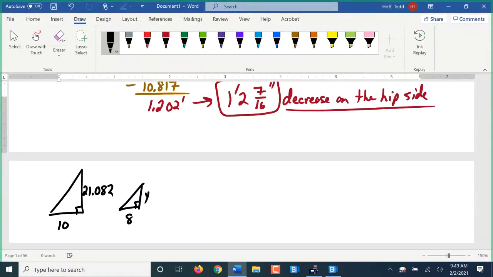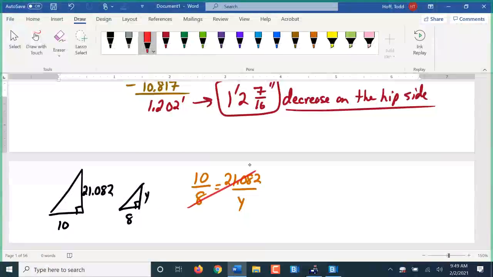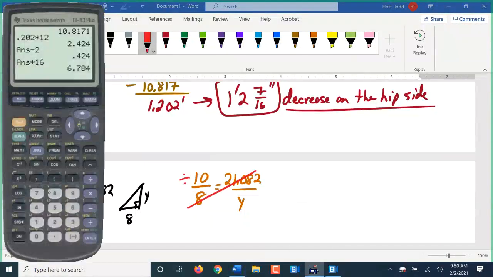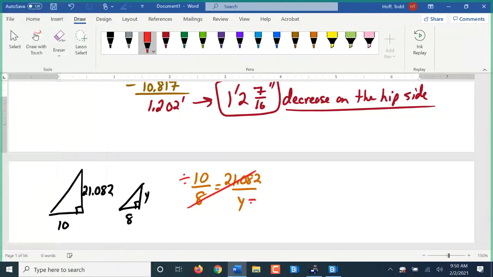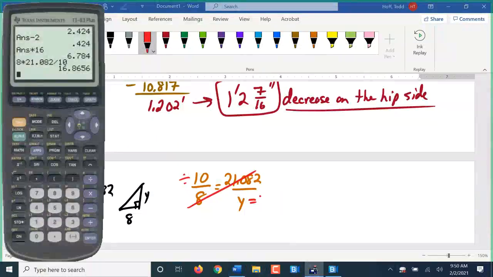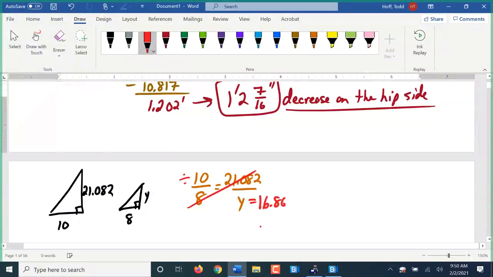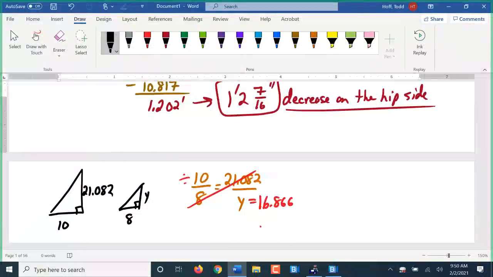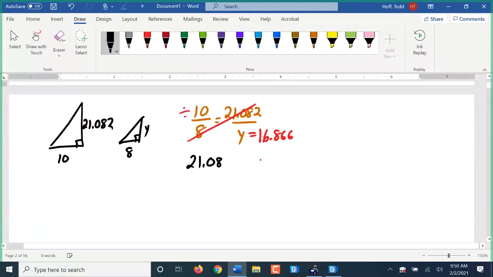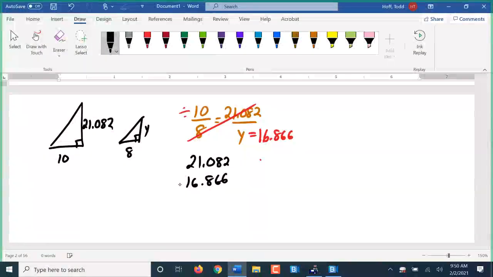So our proportion here, 10 is related to 8 in the same way as 21.082 is to Y. If we cross multiply and divide here, 8 times 21.082 divided by 10, giving us 16.866. So the decrease there, 21.082 minus 16.866.